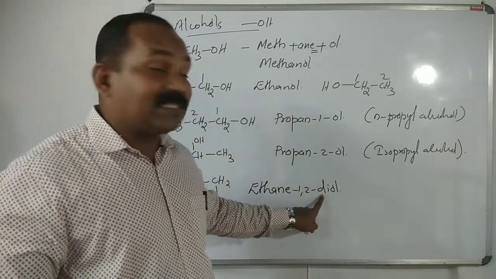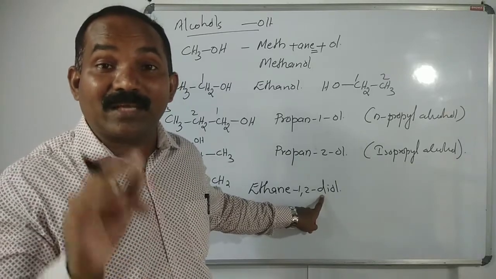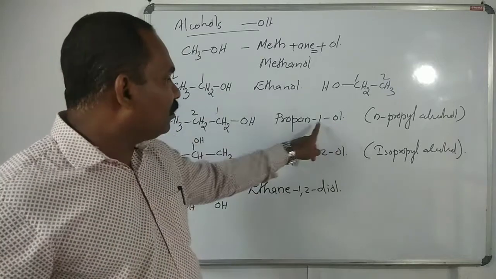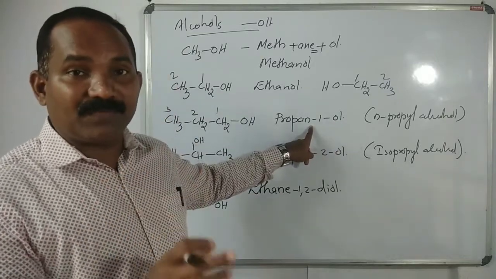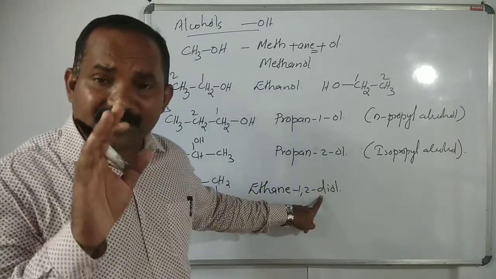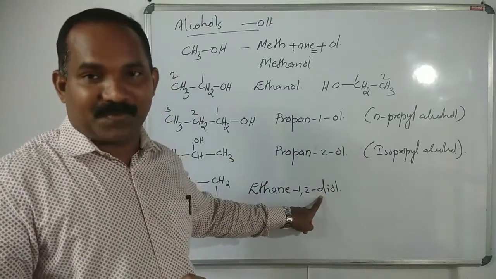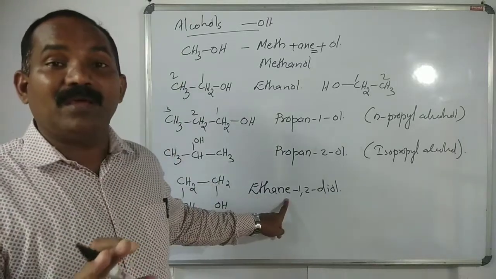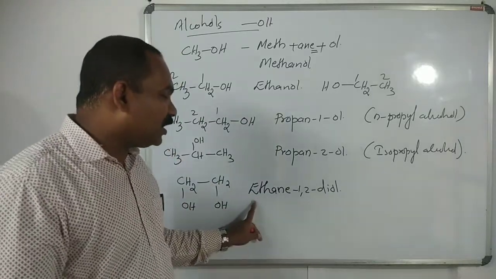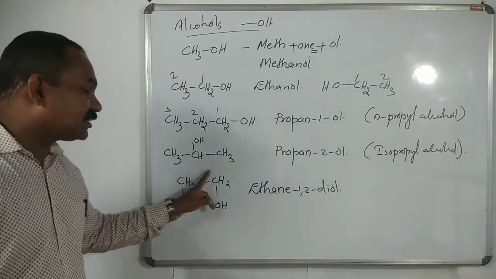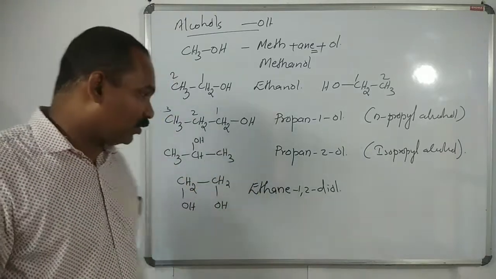Why? The secondary suffix starts with a consonant. If it starts with a vowel, we drop the e of the alkane, alkene or alkyne. But if the secondary suffix starts with a consonant, the e should be retained. That's why ethane-1,2-diol, the first and second position alcohol groups.